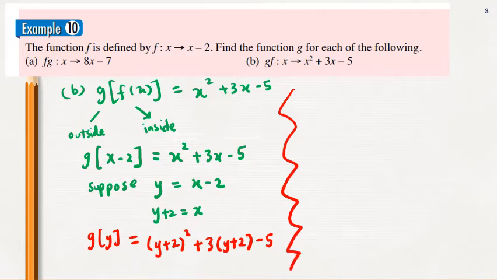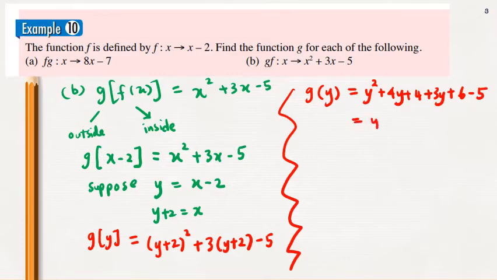You need to expand the brackets. Teacher writes g(y) again. After you expand, you will get y squared plus 4y plus 4 plus 3y plus 6 minus 5. Simplify it, you will get y squared plus 7y plus 6 plus 4, 10, 10 minus 5, 5. So this is our answer.